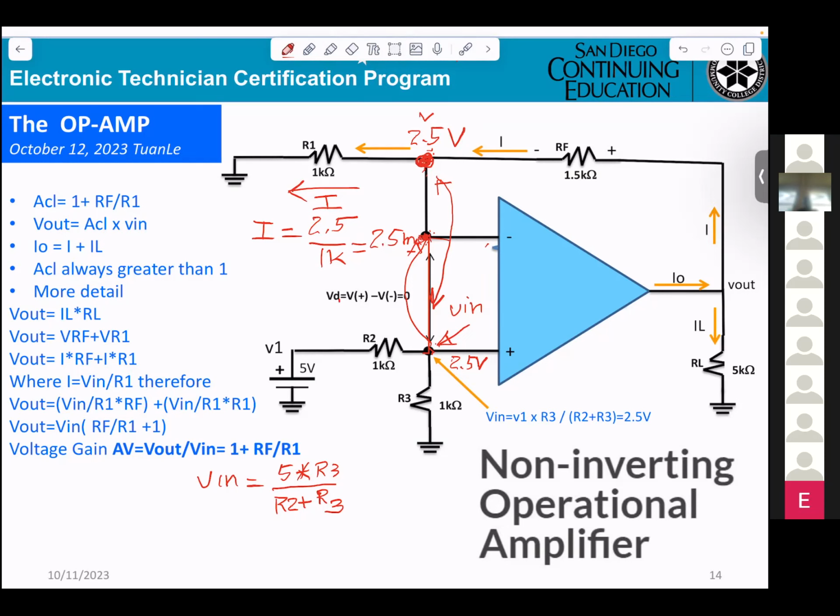VD, the difference between here and here is 0. Okay? So now you can say here 2.5, that's okay. But this is just a wire. We don't care here. We care about this point.